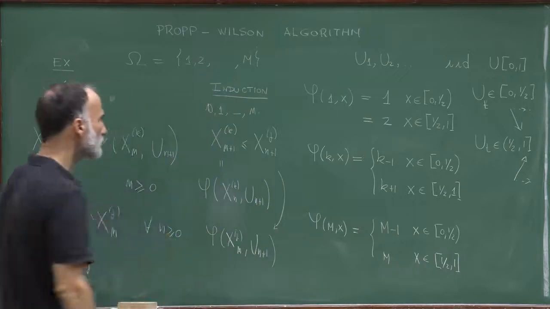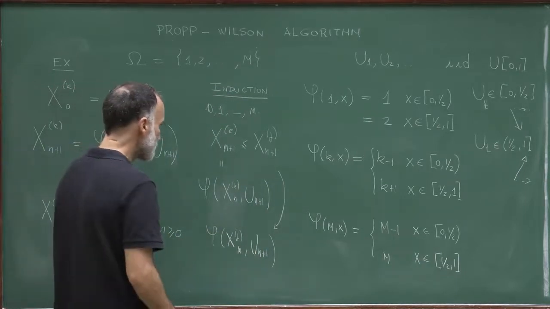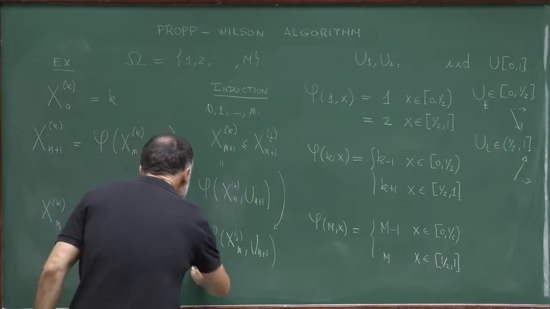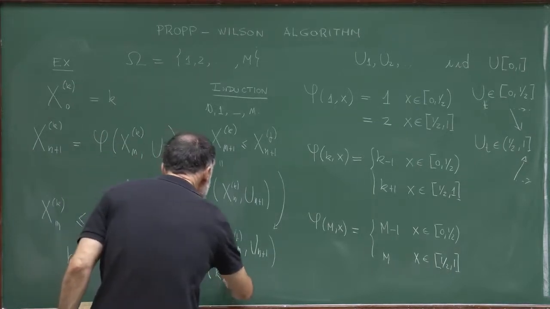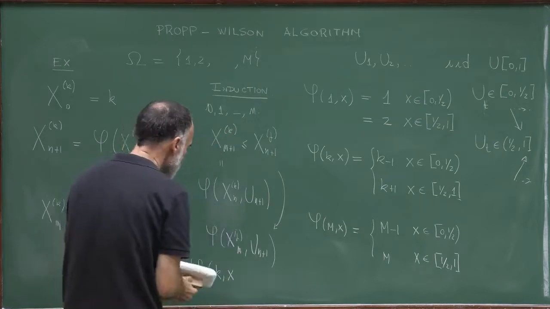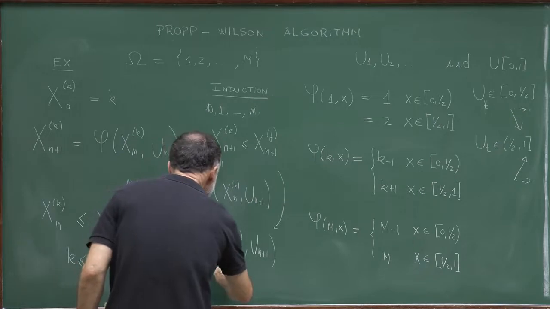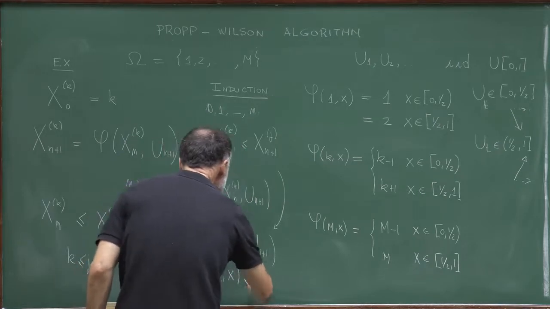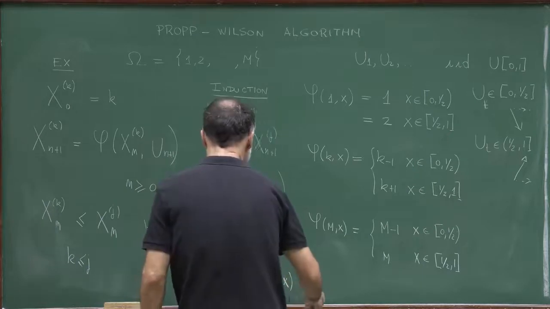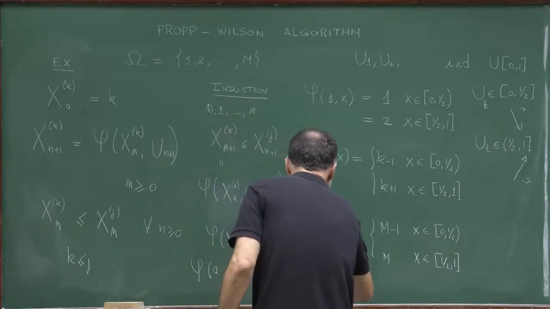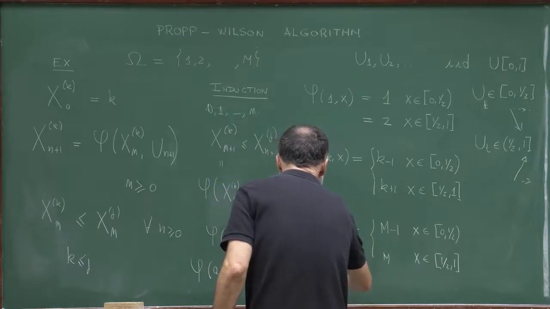Mind that the second coordinate is equal. So if I prove that phi(a, x), let me use different letters now, if I can prove that phi(a, x) is less or equal than phi(b, x), if a is less or equal than b, and this for all x, I'm done.